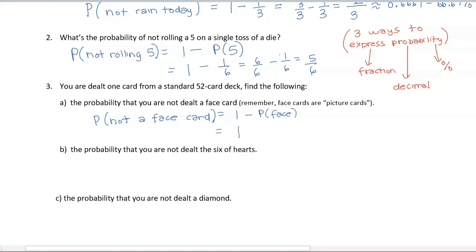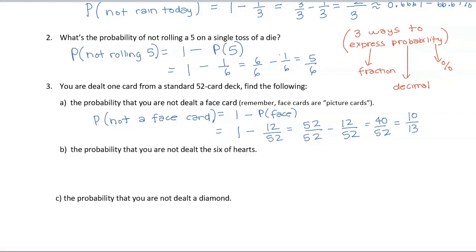So this is 1 minus, there are 12 face cards in a deck, so 12/52. And just a reminder that 1 whole becomes 52/52 minus 12/52. This is going to be 40/52. And then we do need to simplify to be 10/13, or put it in your calculator and get a decimal.